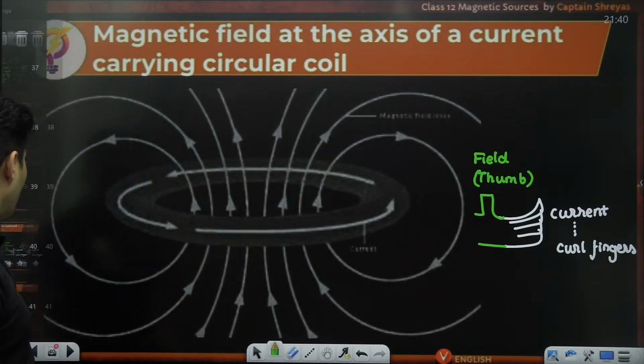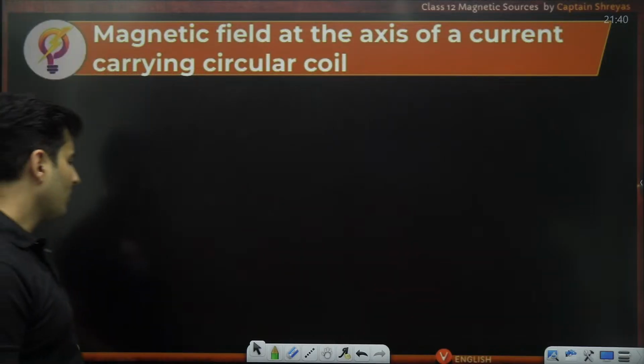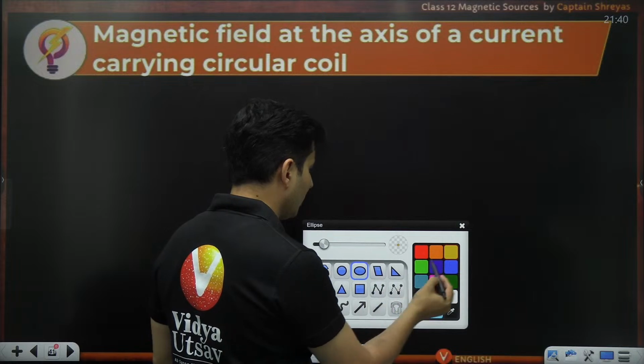That is the thing. It's very easy to figure out the magnetic field due to a coil carrying current. I mean, just think about it.